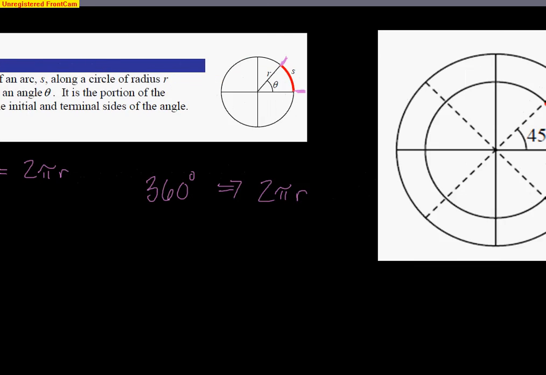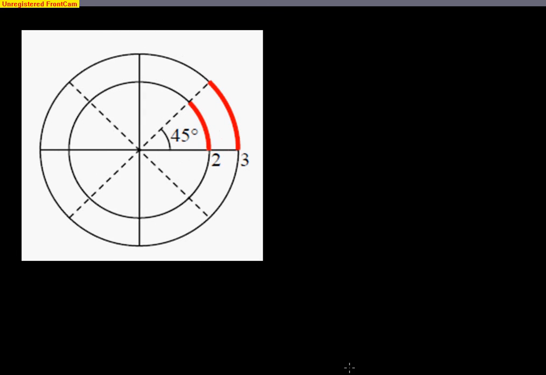Alright, so let's move over here and actually talk a little bit more specifically about arc length. What I have here is two circles, one that has a radius of 2, and one, the bigger circle on the outside, has a radius of 3. Let's talk about this arc length right here, this first one of the smaller circle, radius 2 there. Now, let's think about that. That was made from 45 degrees. 45 degrees, so 45 out of 360 is 1/8 of a circle. That means that the arc length would be 1/8 of the circumference.